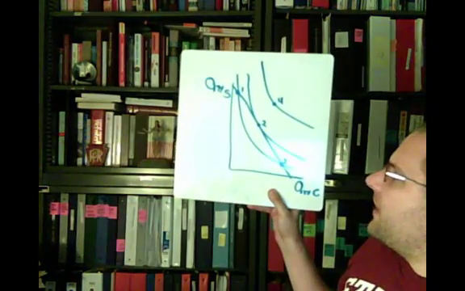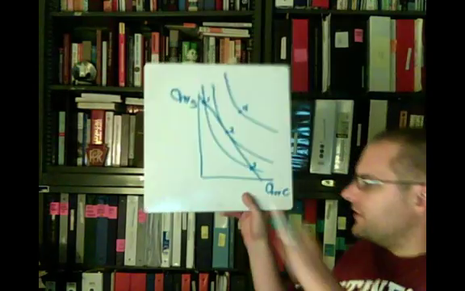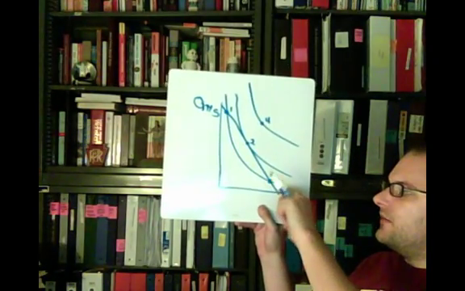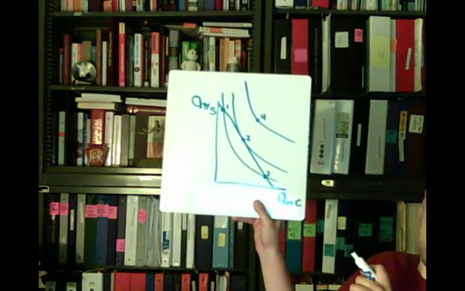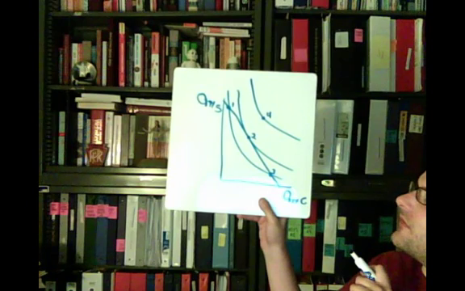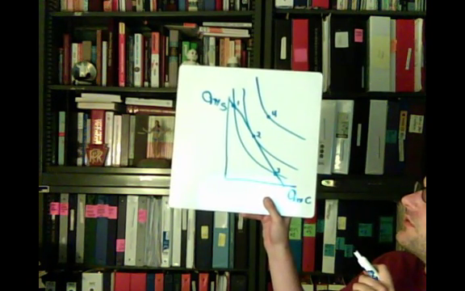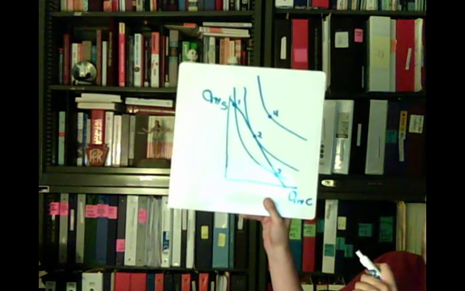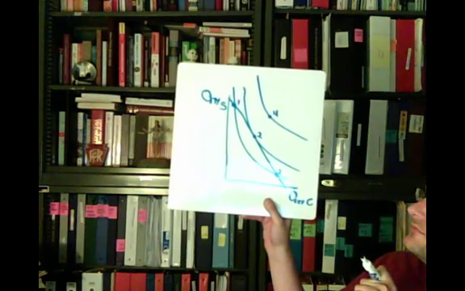And I drew 4 possible points here. So basically what I've done here is I've put the budget constraint, which is this straight line, on the same space as the 3 different indifference curves. So the question would be 1, 2, 3, 4. Which point basically represents maximum utility for given spending levels?